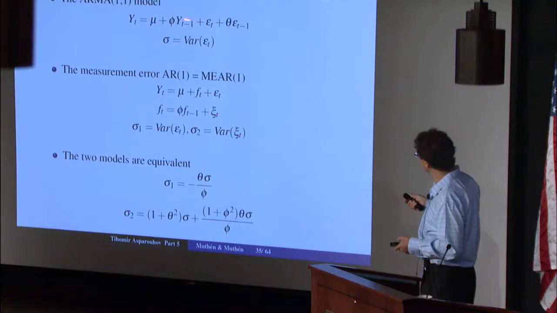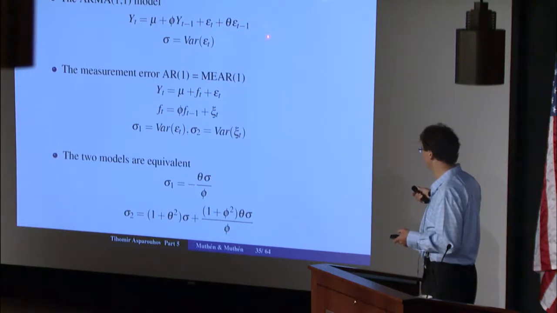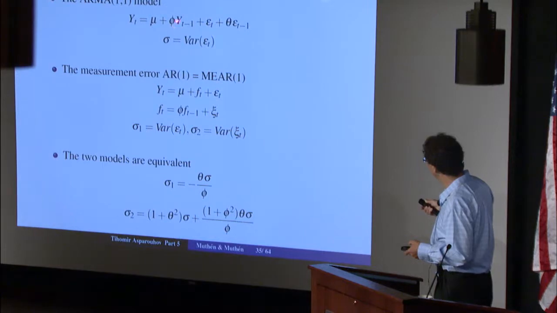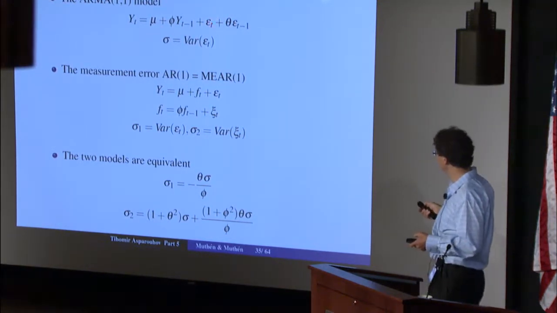So here's the ARMA 1-1 model. You have mu, and you're regressing this on the previous version of that variable. So this is the AR part of the model. And then you have the residual, and you also have a regression on the previous version of the residual. This model has 4 parameters: mu, phi, this parameter theta, and the variance of the residual.